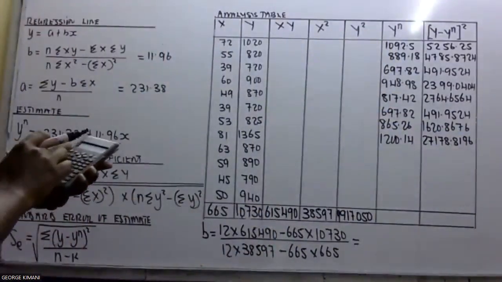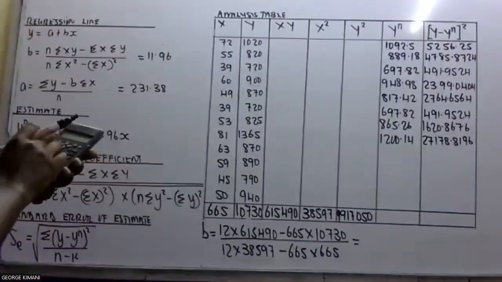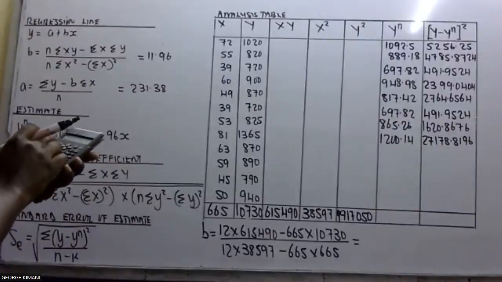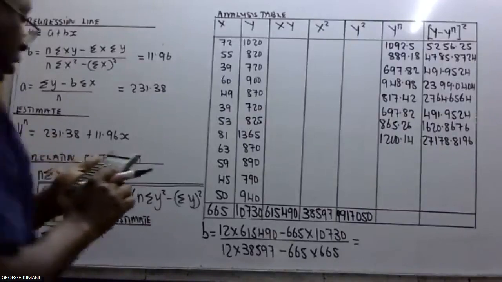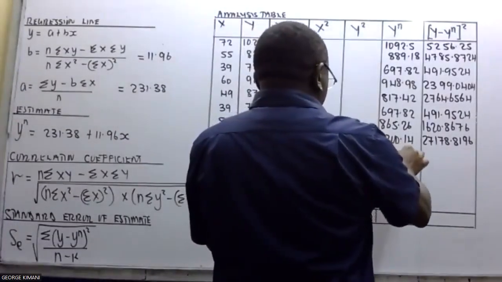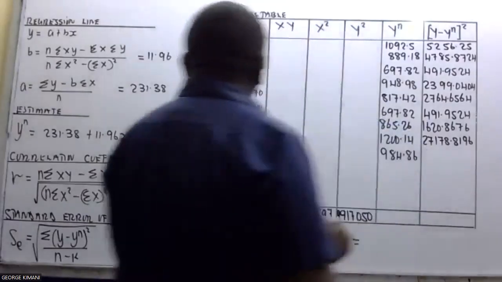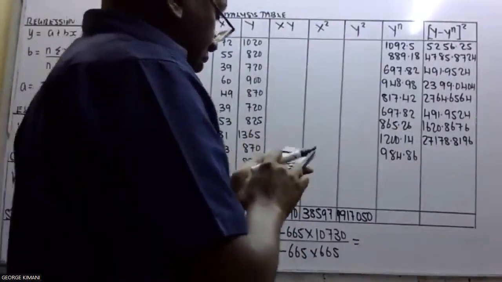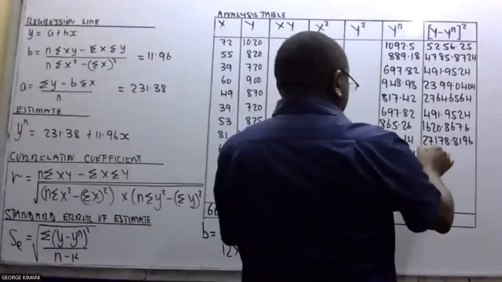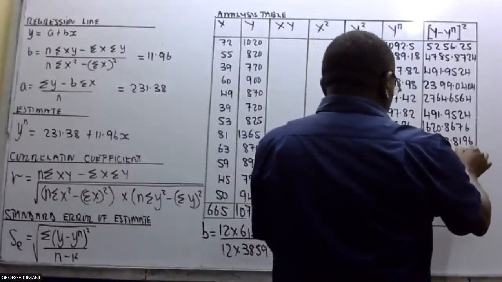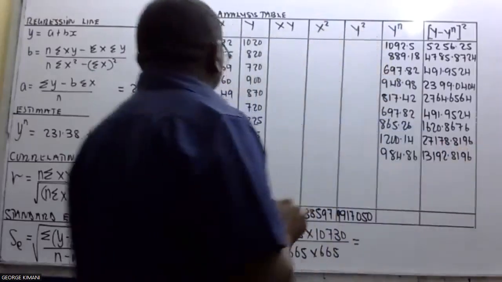The other one is 231.38 plus 11.96 times 63. I'm getting 984.86. So 87 square is 13,192.8196.